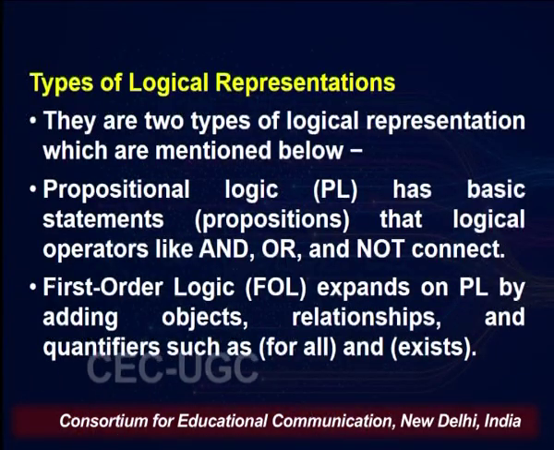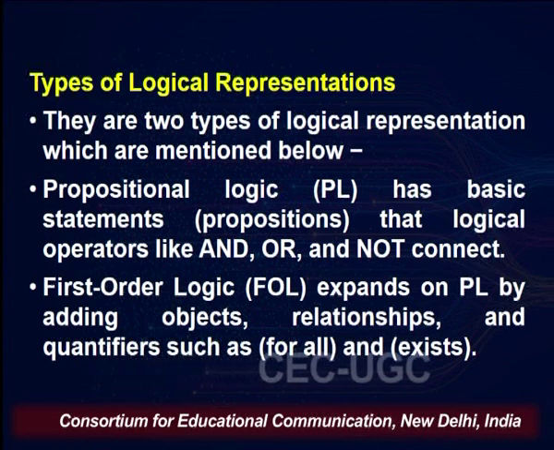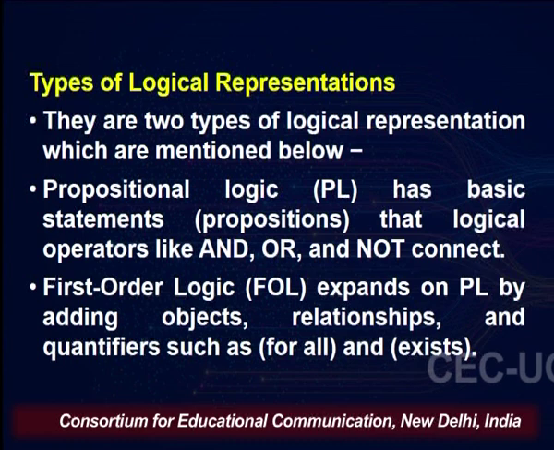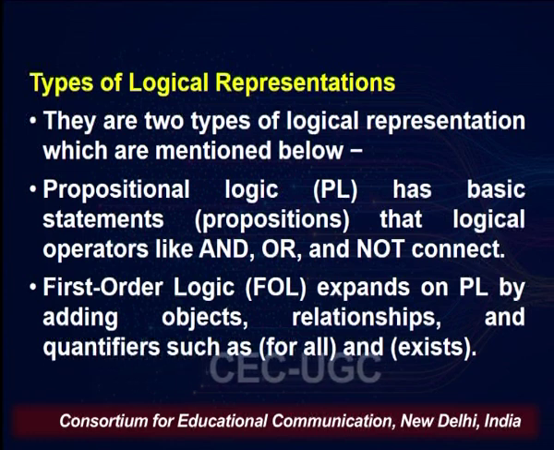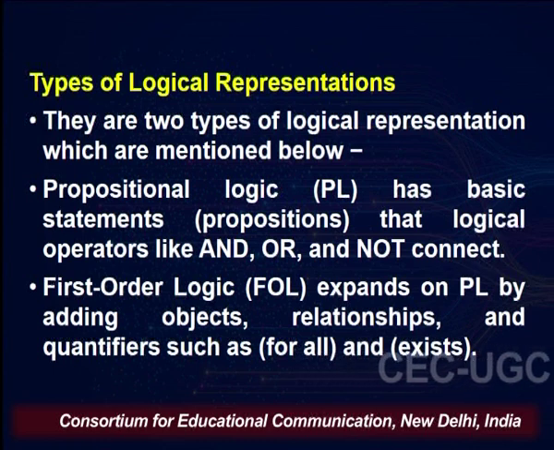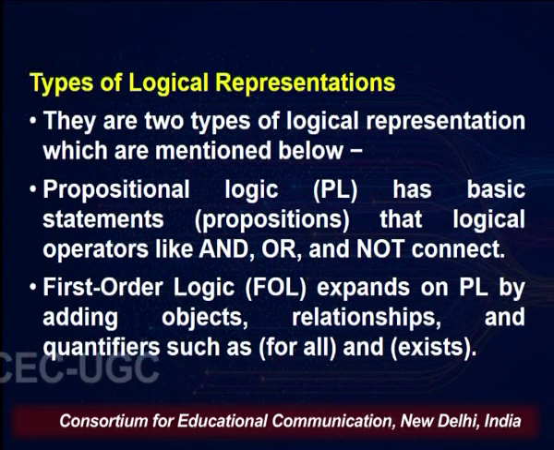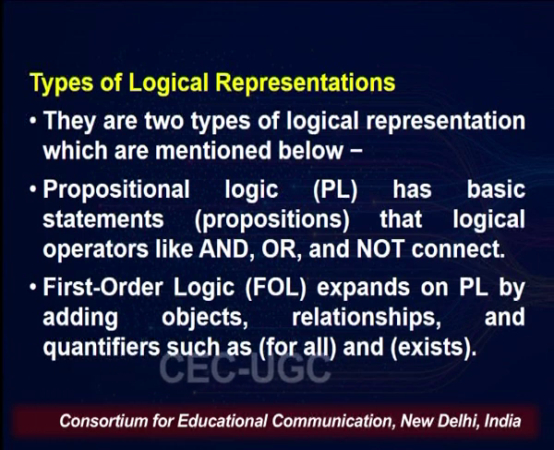When we ask what the types of logical representation are, there are two types. One is propositional logic, which is denoted as PL. Another one is first order logic, which is denoted as FOL, or FOPL, first order propositional logic.